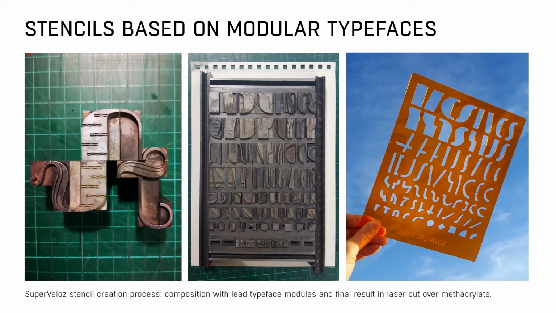It was designed by Joan Trochut and marketed by José Iranzo Foundry in 1942. A total of 68 modules were selected to make a stencil of a size of 18 by 23 centimeters.